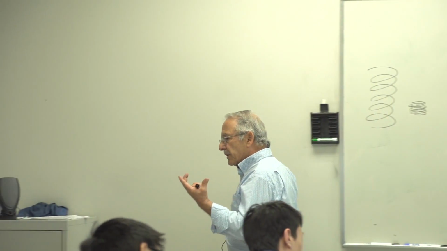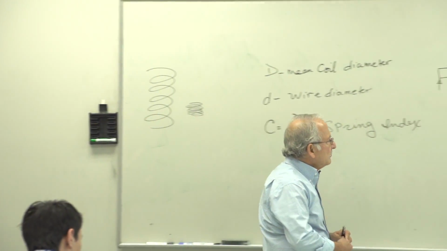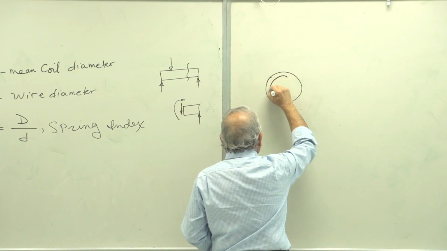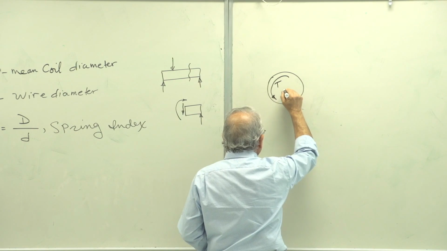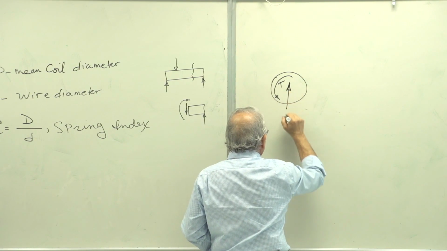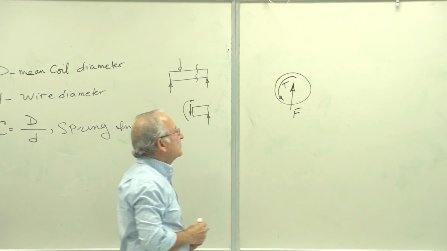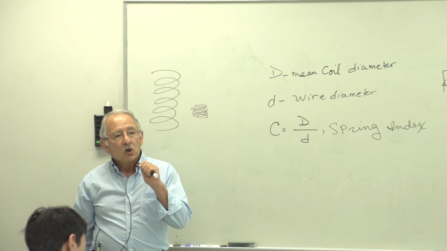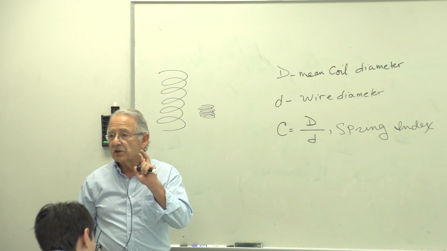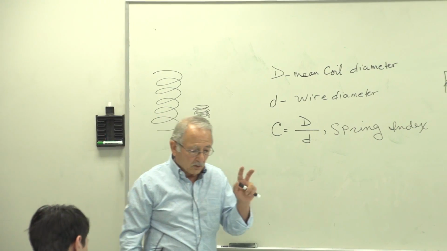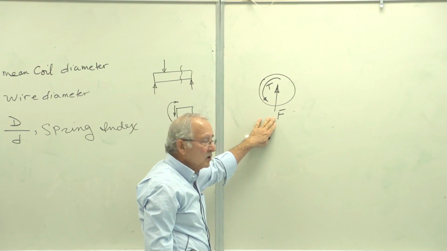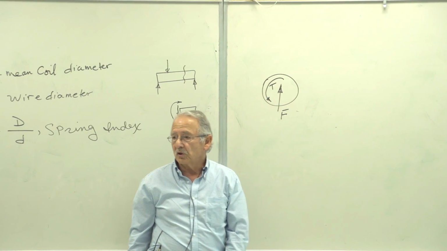So if we look at that cut section, it's under a torque, T, and a shear force, F. So shear stresses are found: one due to the direct shear force, the other due to the applied torque.